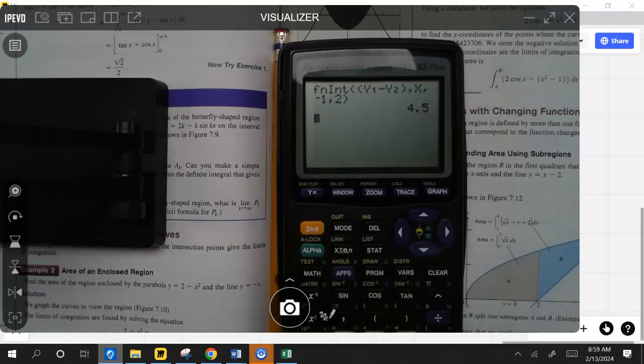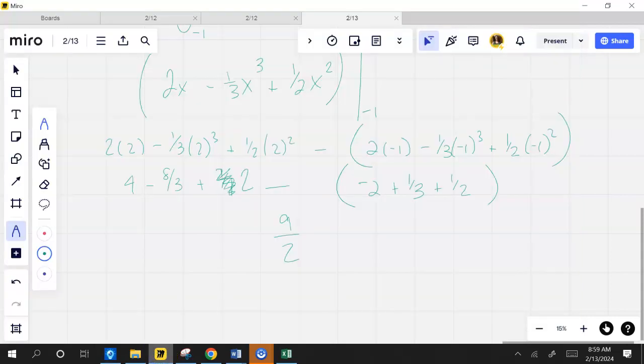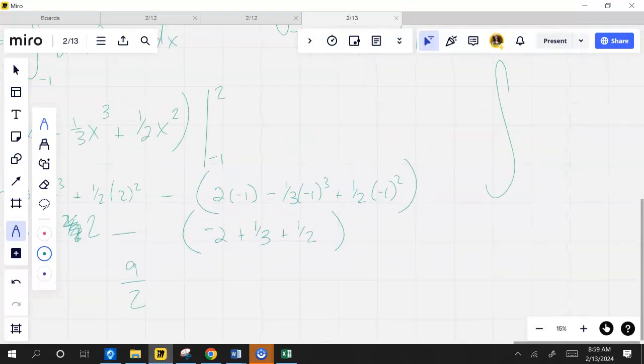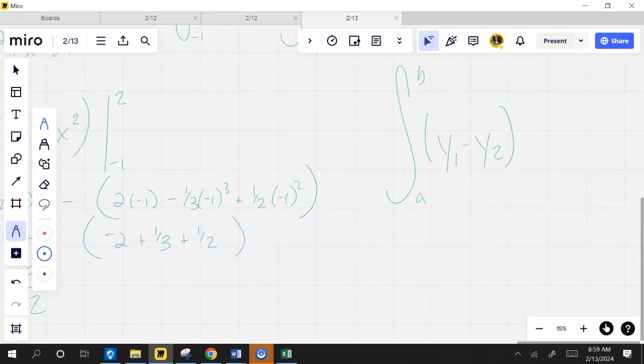We actually did. We did it. If you've got the fancy calculator, yours comes up looking like this, right? Here, these are your bounds, and here you'll do y1 minus y2. Vars, and then scroll over 1.